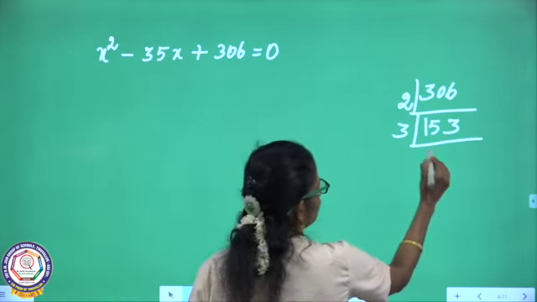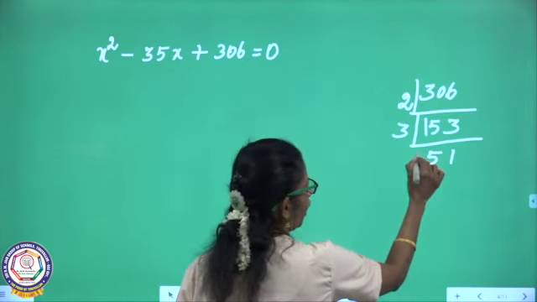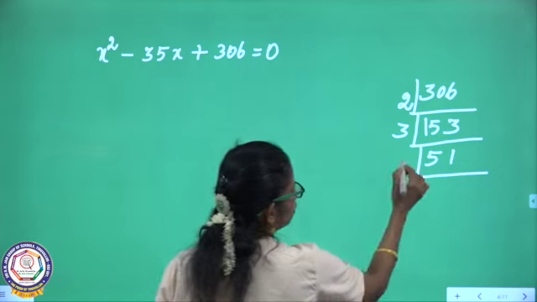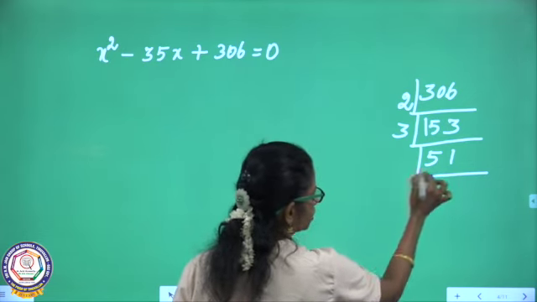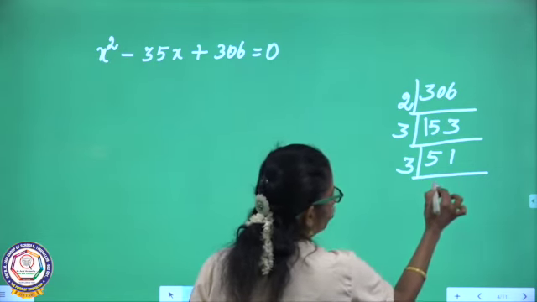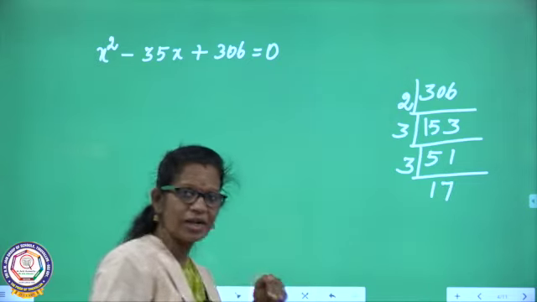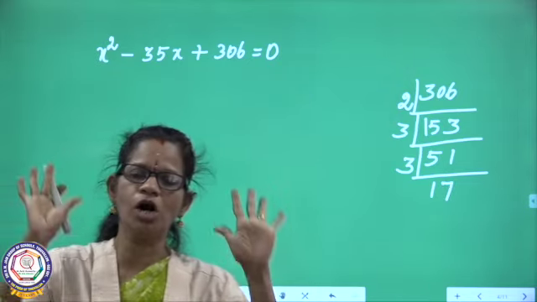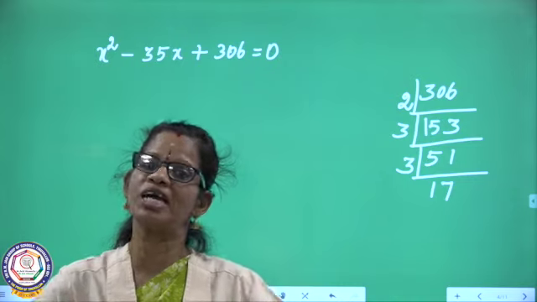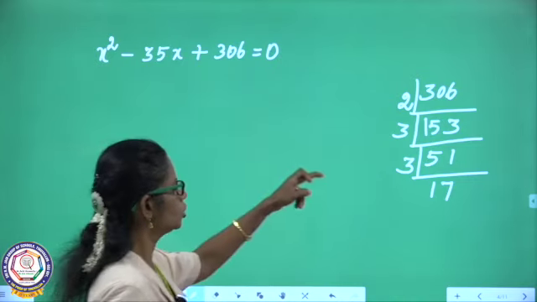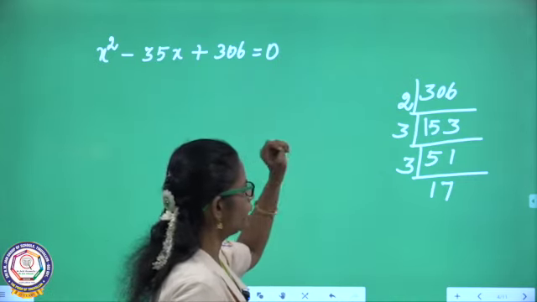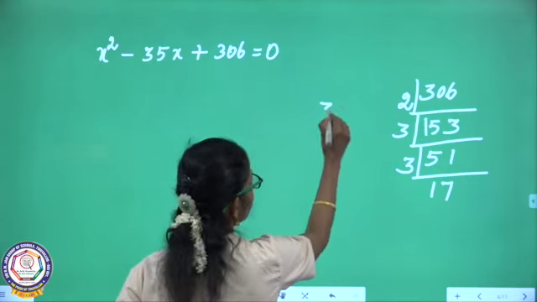3 5s are 15, so 1. Next, again 6, 3, 17. When you attain the prime number, that's all your division. You cannot proceed afterwards, right? Now you see, 2 3s are 6. You have to write the possibilities.